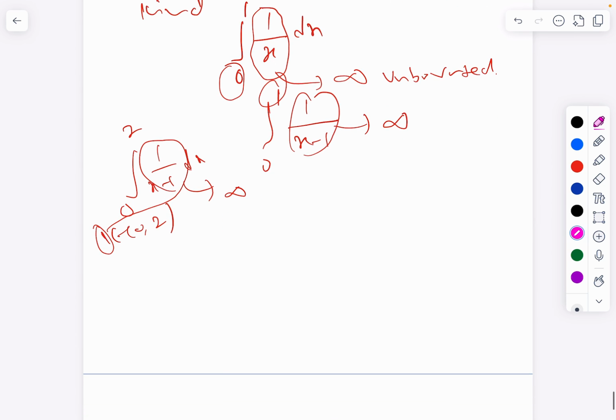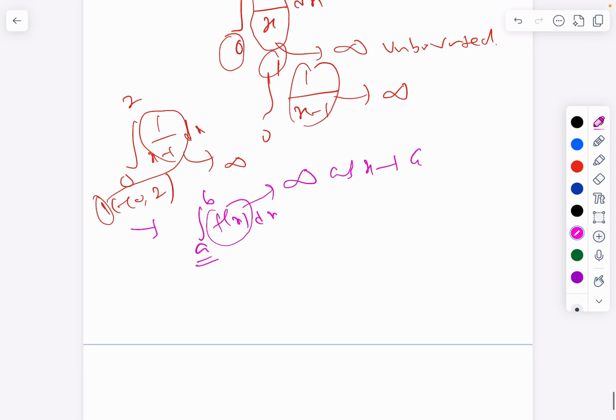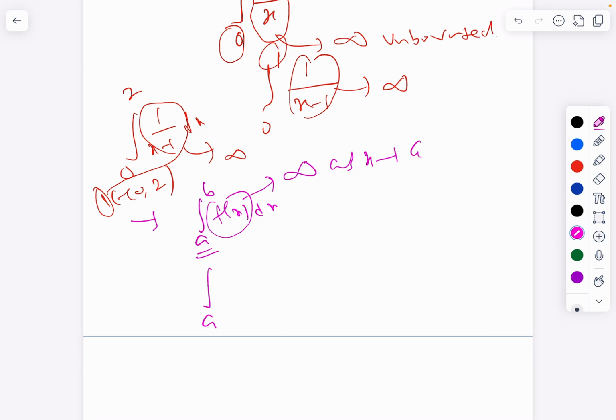If we come across an improper integral of the second kind, how do we evaluate it? Suppose we have integration a to b of f(x) dx, and f(x) tends to infinity as x tends to a. Then integration a to b f(x) dx equals limit c tends to a of integration from c to b f(x) dx.